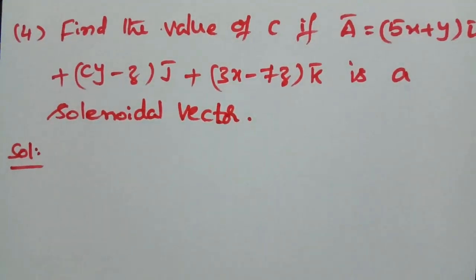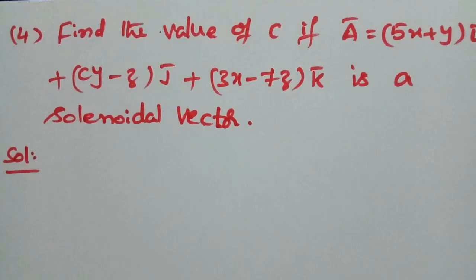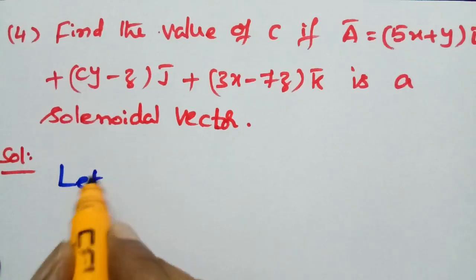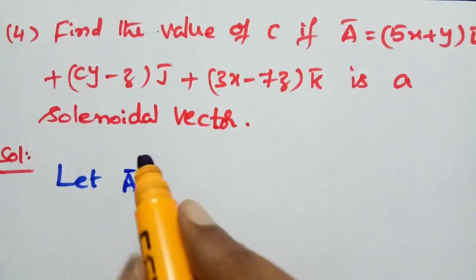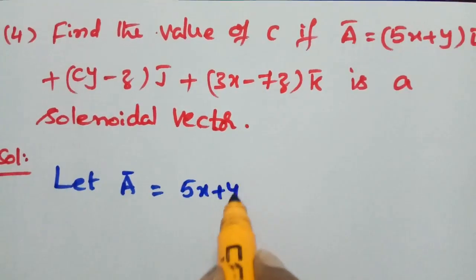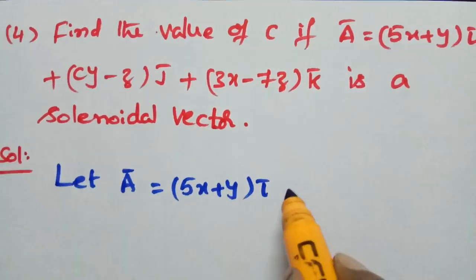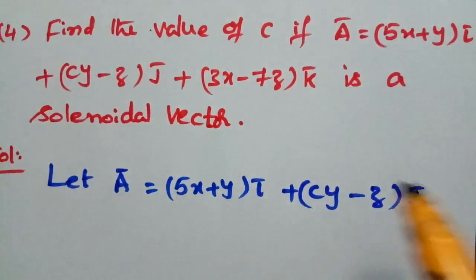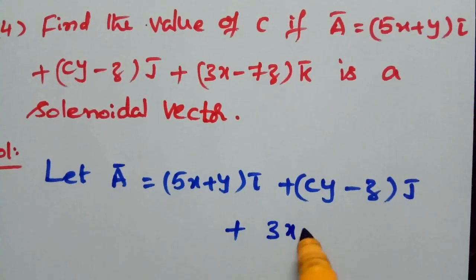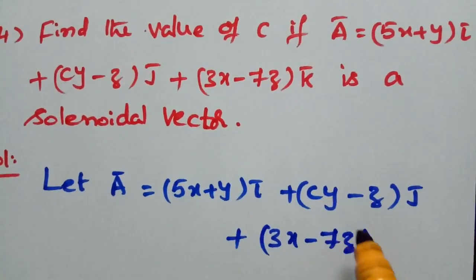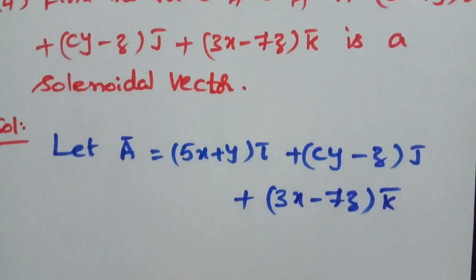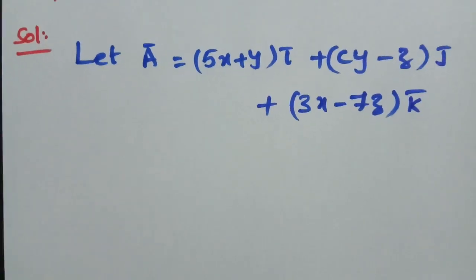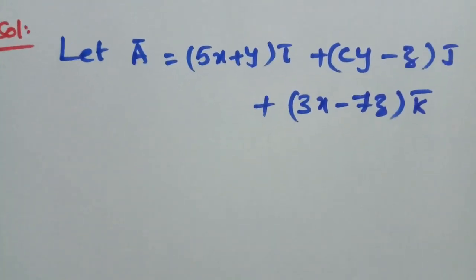First write down the given vector valued function a bar. Let a bar is equal to (5x plus y) i bar plus (cy minus z) j bar plus (3x minus 7z) k bar. Now we have to find the value of C as the given vector is solenoidal.